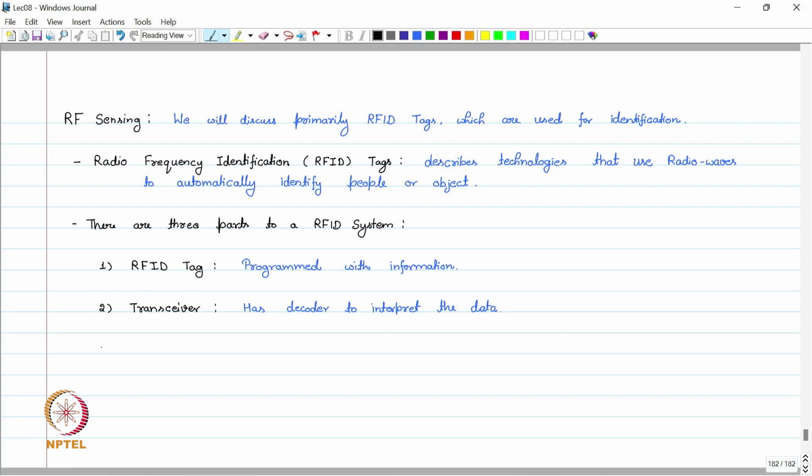And the third one is the antenna, which is equally important for this system to work.